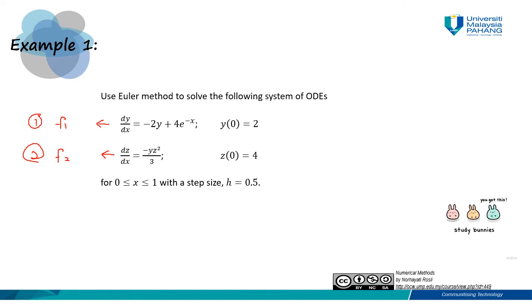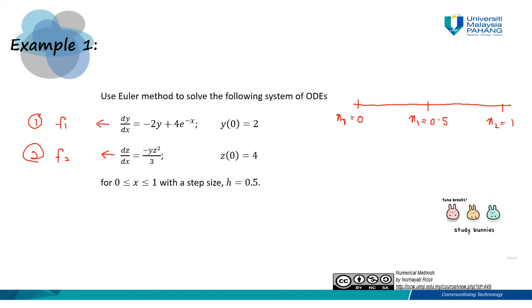Now let's sketch our timeline. So this is our timeline. x starts from 0 until 1, so x0 is equal to 0. And the increment h is equal to 0.5, so we have x1 is equal to 0.5 and x2 is equal to 1. Now substitute our initial conditions.